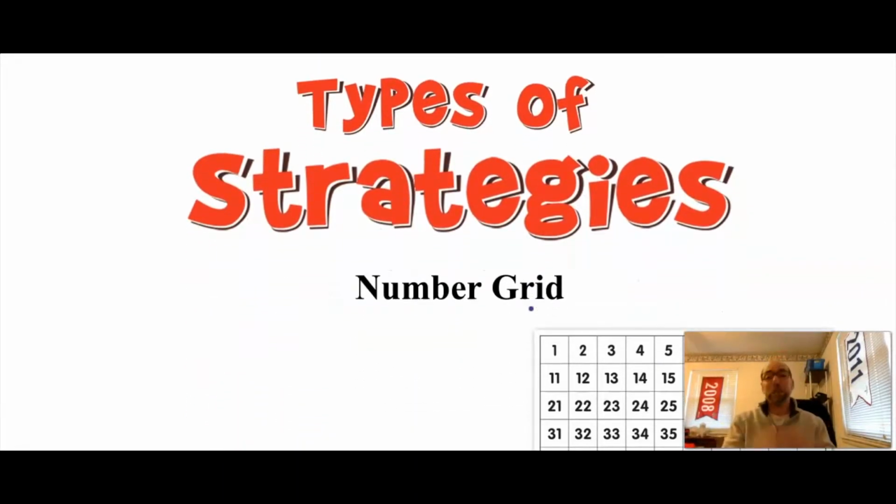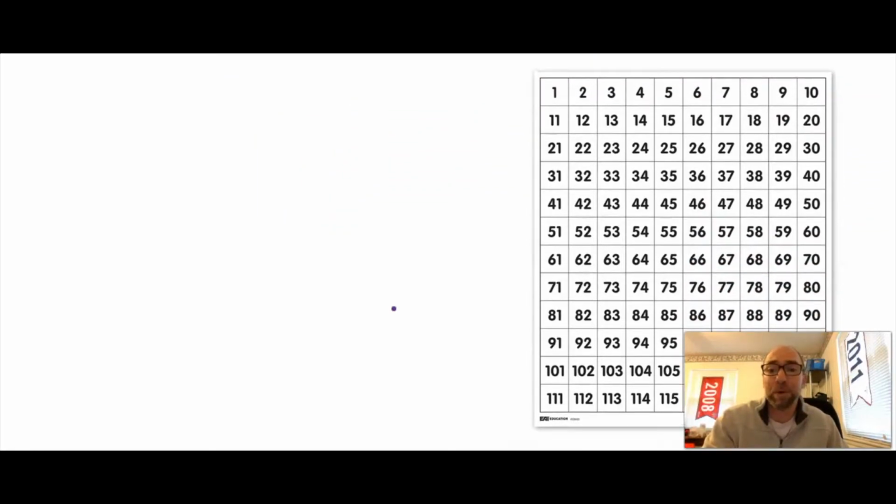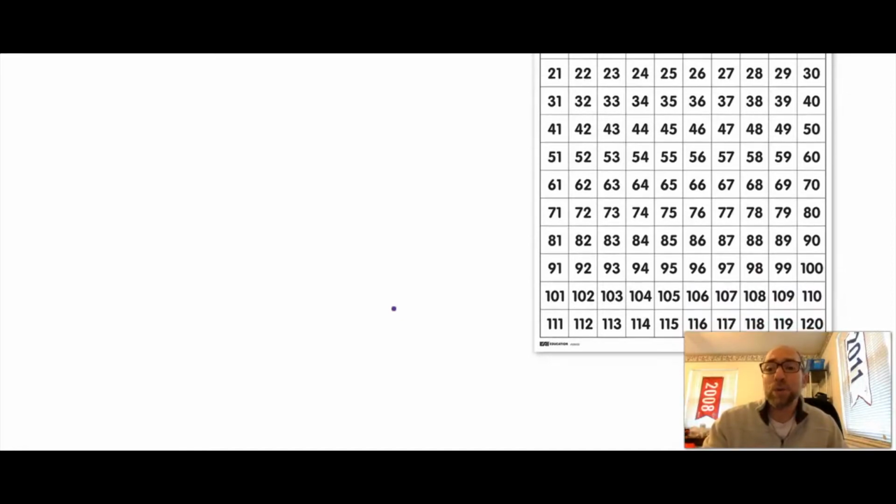You might want to do these in your journal page also, or you can do some of them on your whiteboard if you don't have room in your journal. One of the strategies we could use is called the number grid strategy. If you have a number grid nearby, you can use it also. On the number grid, we find the two numbers that we have, how much it costs and how much we paid.